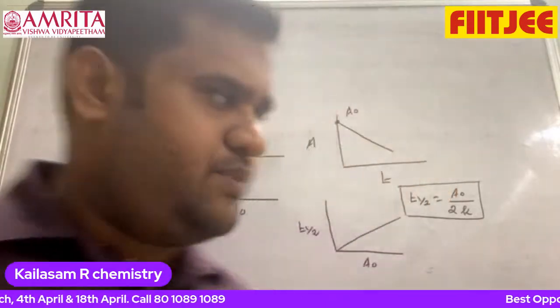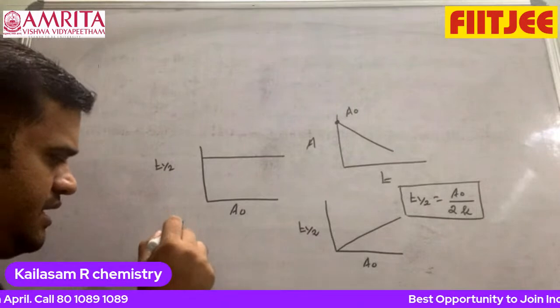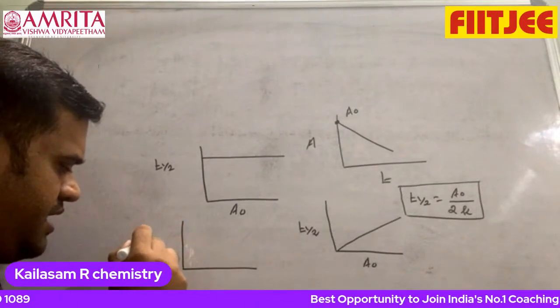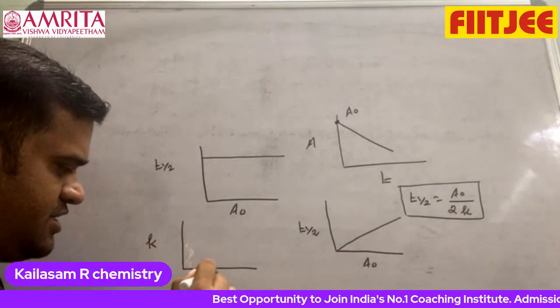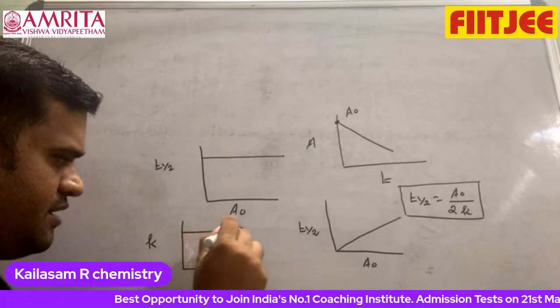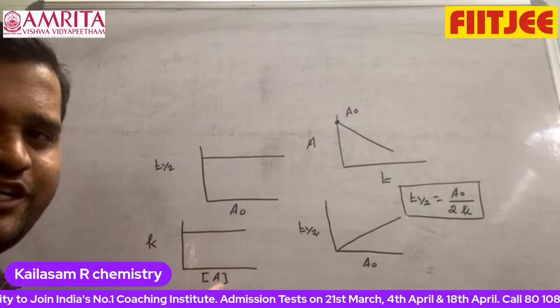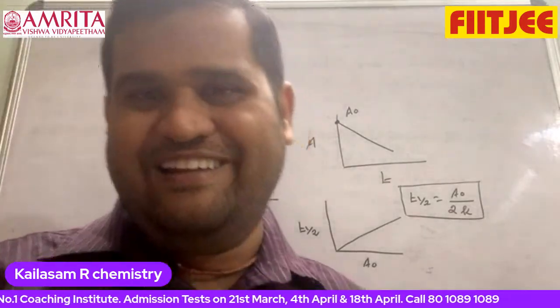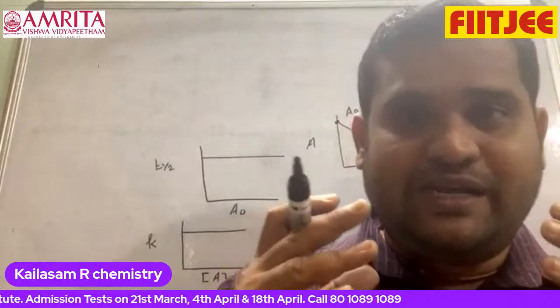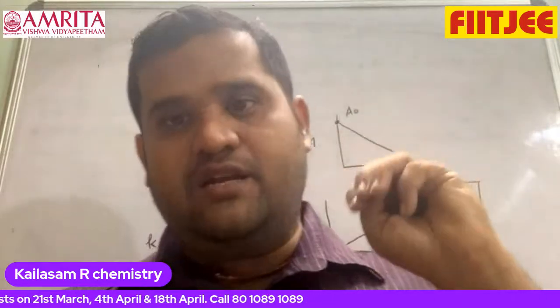Please keep it in mind. I'm taking a graph of K, the rate constant, versus the concentration of A. That means the rate constant does not depend on the initial concentration of the reacting species. That's very important. So these are all the important criteria which we have to keep in mind.